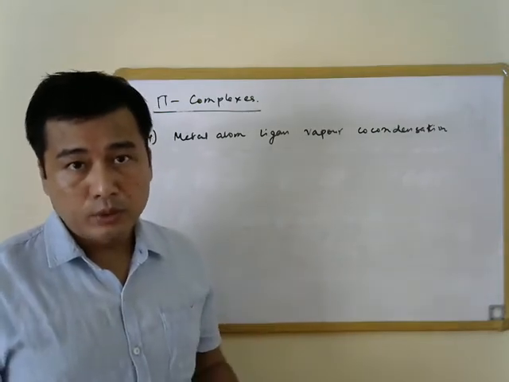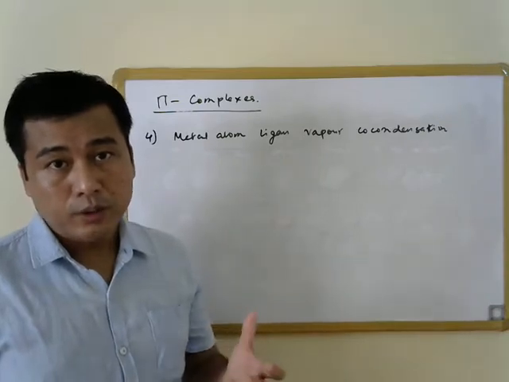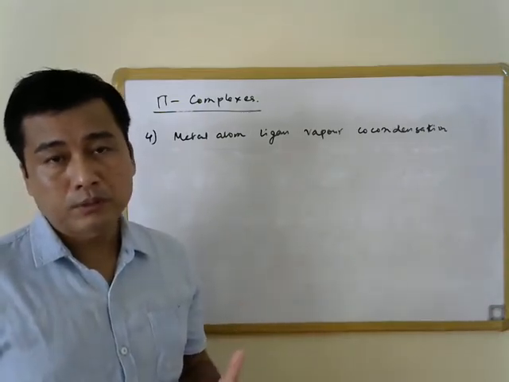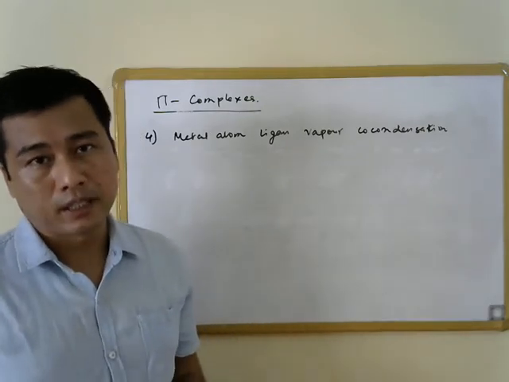So the yield is going to be low, but this particular approach allows preparation of some of the very specific metal olefin complexes which cannot be prepared by any other method.